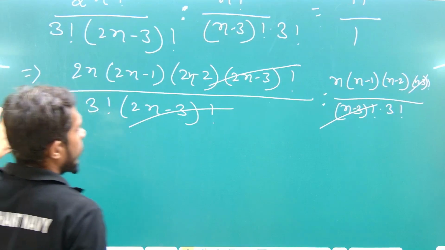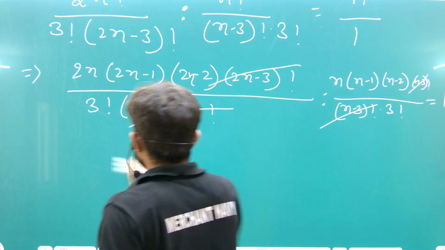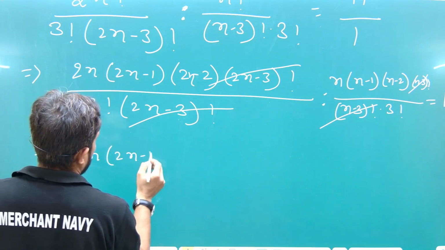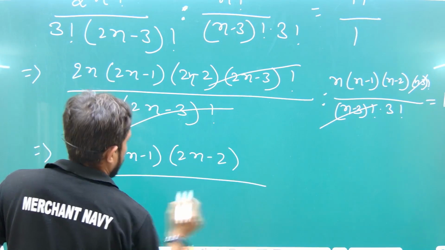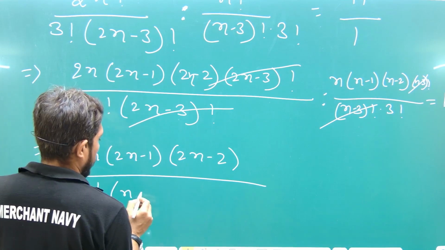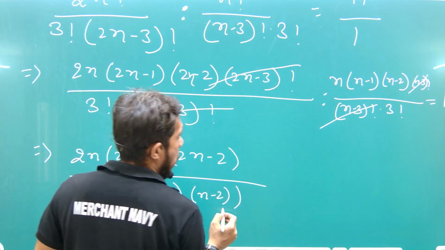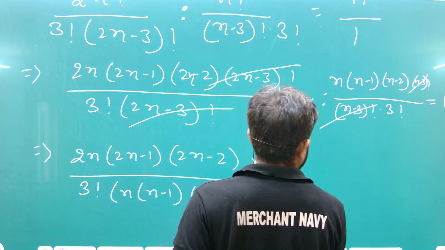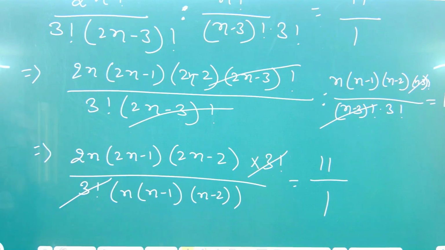Now this is equal to 11 is to 1. That becomes 2n into 2n minus 1 into 2n minus 2 upon 3 factorial, is to n into n minus 1 into n minus 2 upon 3 factorial, equal to 11 by 1. Cancel out 3 factorial with 3 factorial.